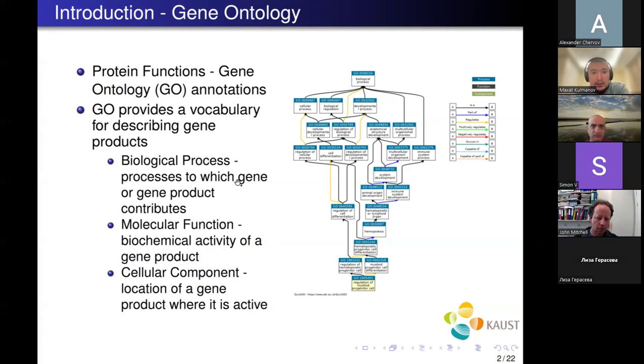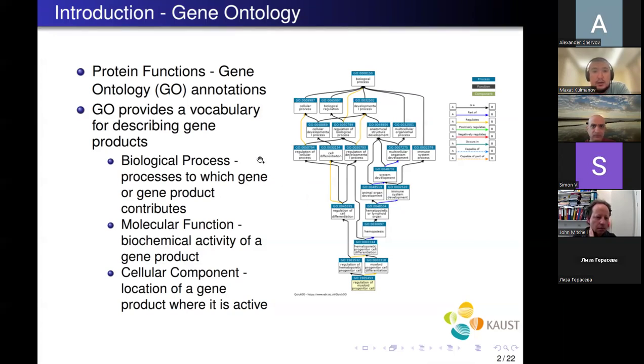This is what we mean by predicting protein functions. The classes in this ontology are described using a formal ontology language called OWL, and they are not independent. They have many different types of relations between each other, and there are axioms and so on.